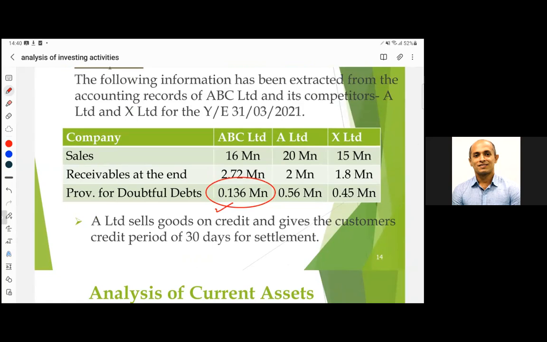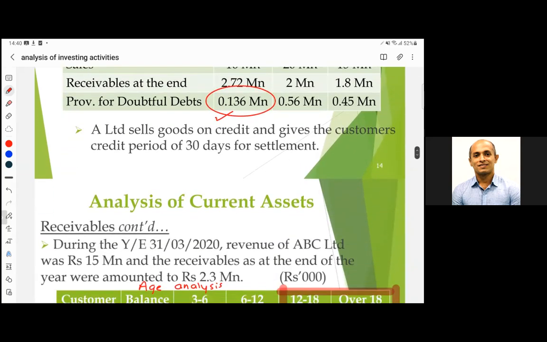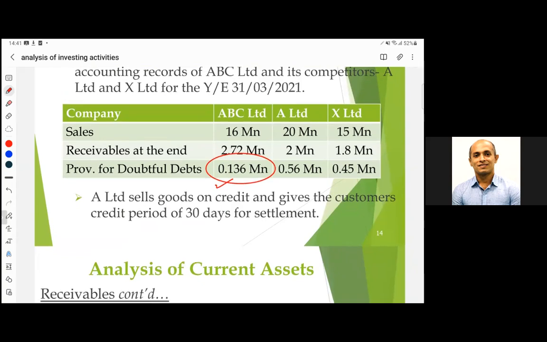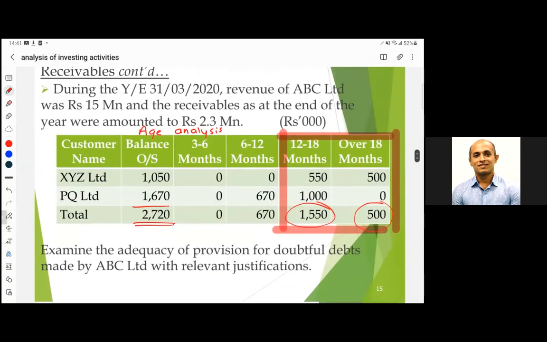Now, according to your analysis, you find this is not enough because company has higher collection risks and many balances are outstanding over 12 months. Then there should be a larger provision in the accounts. Right.